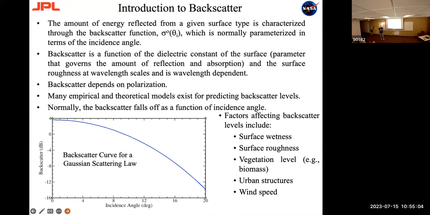How the buildings are shaped, how they're oriented relative to the radar, that matters. If you're looking at the ocean, the wind speed, like for a scatterometer, it matters. So it all depends on what you're looking at and what wavelength you're looking at. So I can't give you one general rule that says, this is how the backscatter behaves. It's much more complicated and nuanced than that. But these are the general features that you have for a backscatter curve.